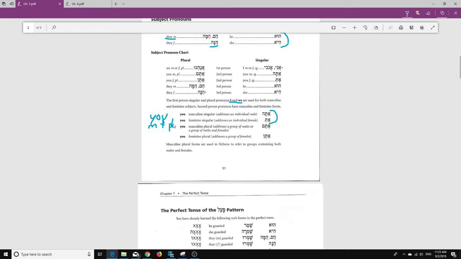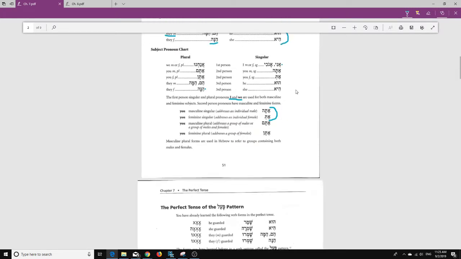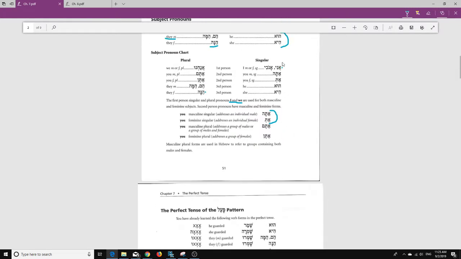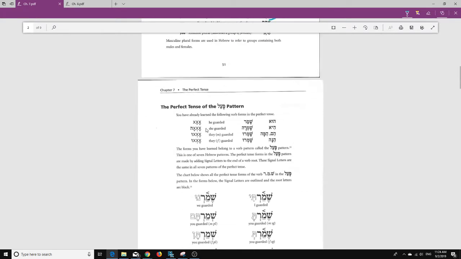I'm not sure what they say specifically in your area, but in English, we have really no distinction with that. In Hebrew, though, there is for each of those. There's a masculine singular, ata, a feminine singular, at, a masculine plural, atem, and a feminine plural, aten. So just be aware of that, and of course you'll have to know that if you memorize this chart. But let's go on now.